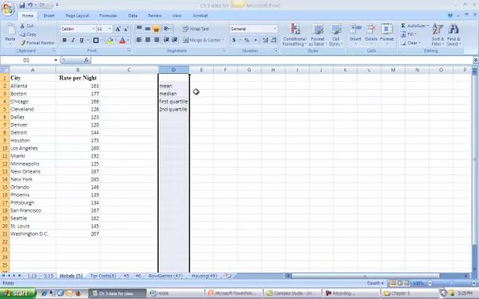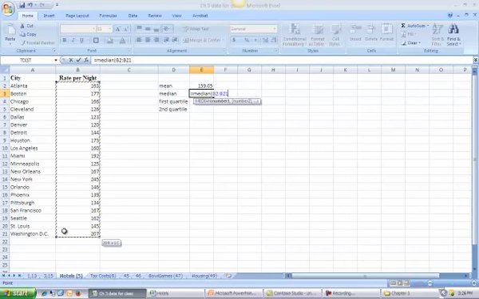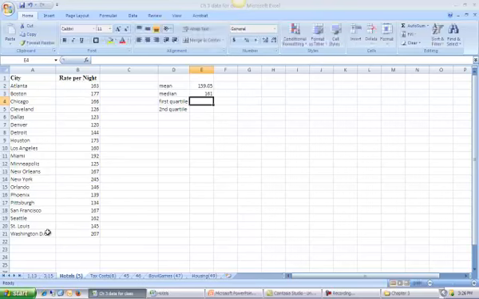Again, we can calculate the mean using the average function. So the average hotel rate per night is $159.05. The median rate, or middle dollar amount of the rental per night, is $161.